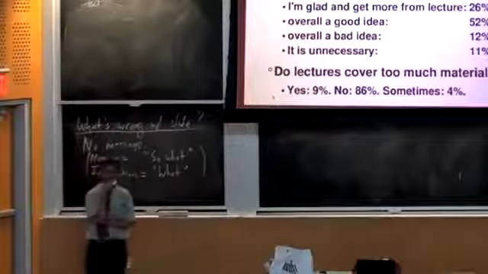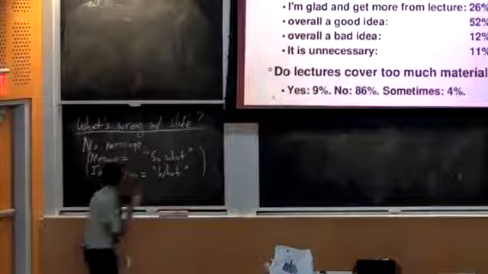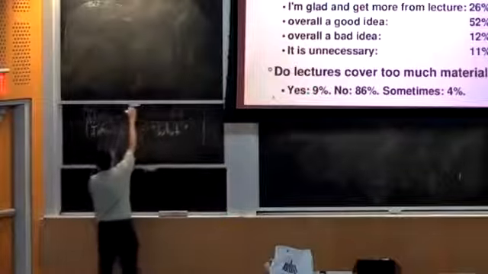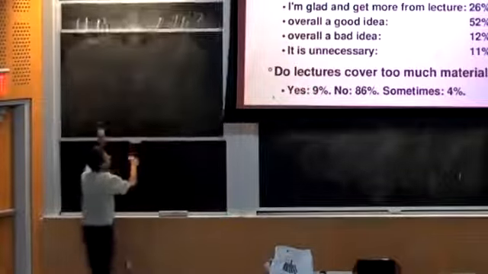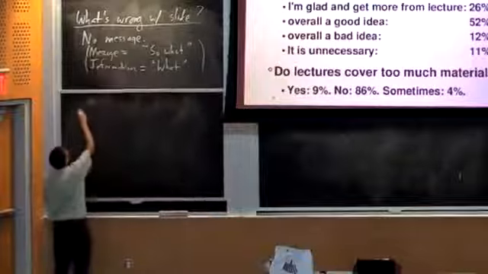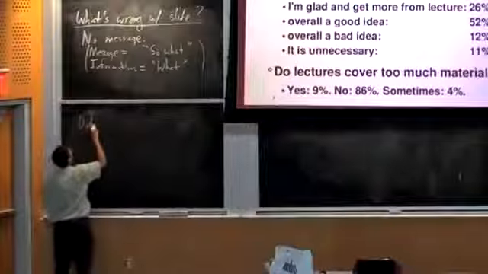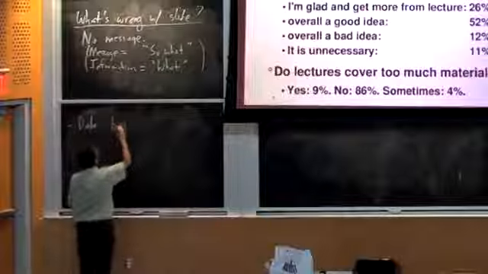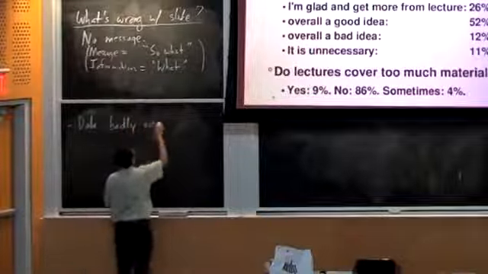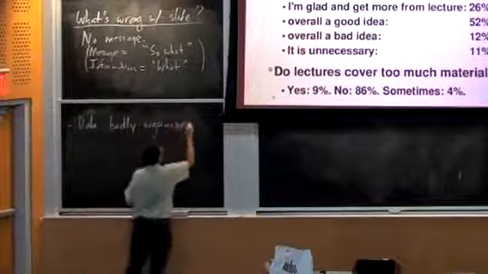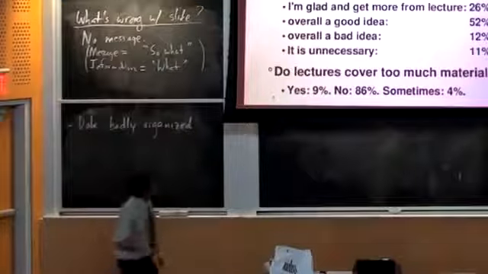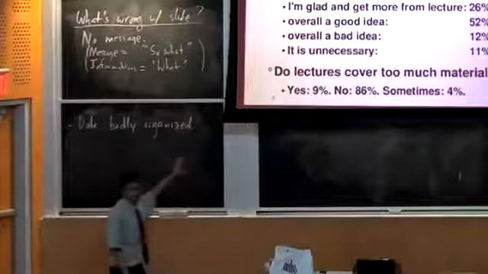So the data is just terribly organized. One thing is that there's bullets under bullets, and by the time I get to overall, I've forgotten what we were talking about before. Right, so the organization is ghastly.